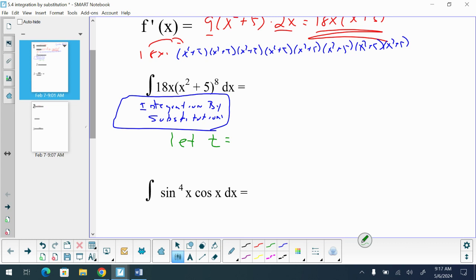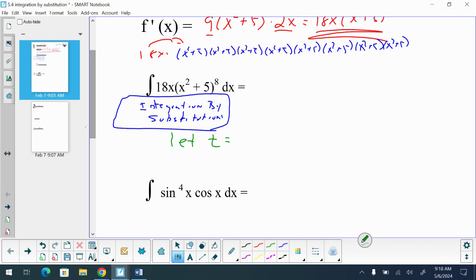So if I look within the problem, a nice little way of trying to figure out what we want to let t equal is a value that is quantified to a power, or maybe a denominator, maybe stuff that's inside a square root, because if it's inside the square root, that's being quantified.